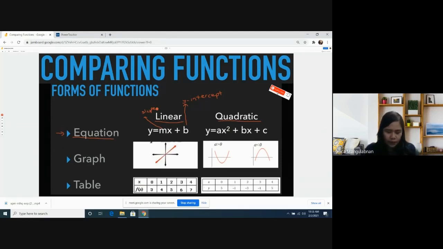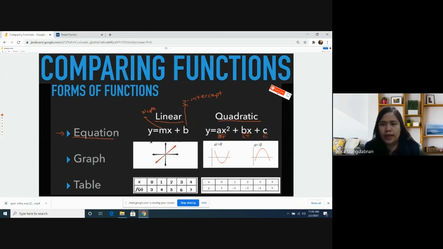Next, for the quadratic equation, given an equation in standard form, we have three terms. The first one is what we call the quadratic term. Then we have the linear term. Remember that a quadratic function is written in second degree, that's why you have an exponent of 2 in here.